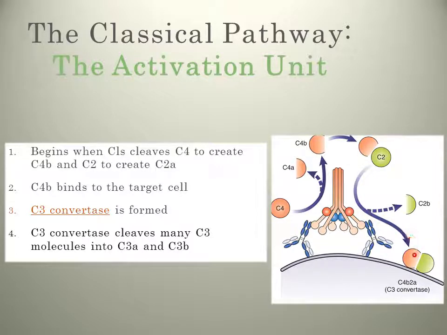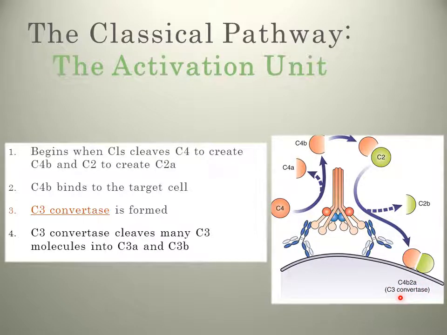So this combined thing now, what is it made of? It's made of part of the C4 molecule and part of the C2 molecule. They're now active. They're active enzymes. They attach themselves to that pathogen cell membrane, and C4b2a is their name, but their other name is C3 convertase.